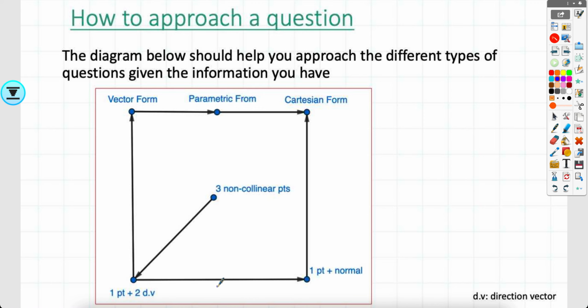So in here you can say you need to take the cross product or vector product of two direction vectors, and in here you need to find two direction vectors to move from here to here, and so on. So hopefully this makes it easier to use the initial information.